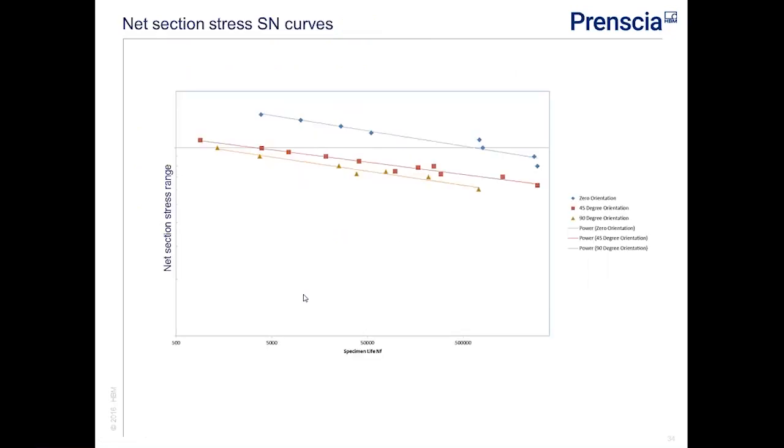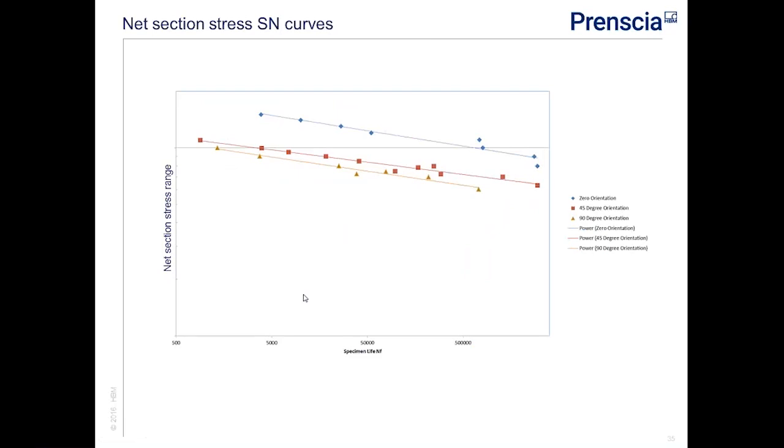Okay, moving on. So let's have a look at some of our fatigue test data. So these are some of the raw fatigue test results. So these are SN curves that are presented in the conventional way. So I've plotted the vertical axis being the net section stress range, and these curves are quite typical.